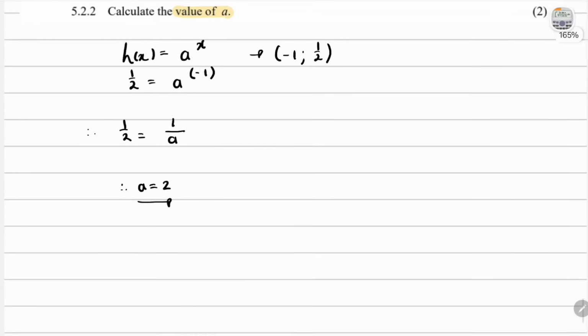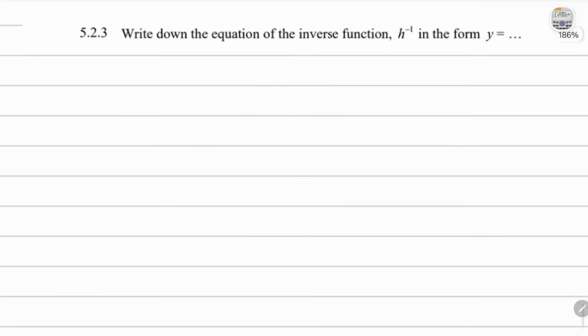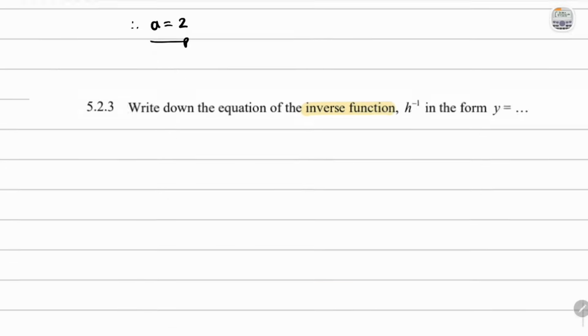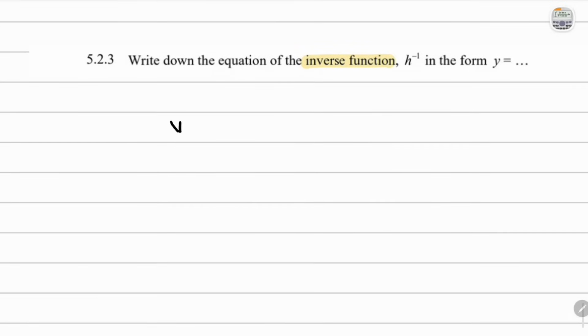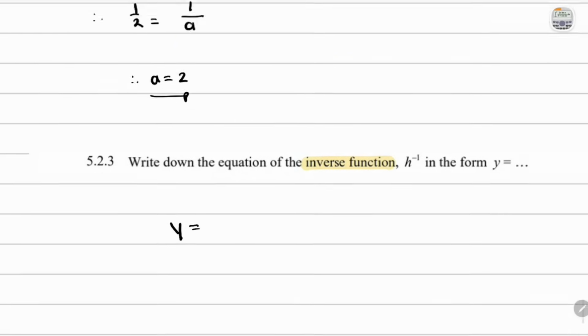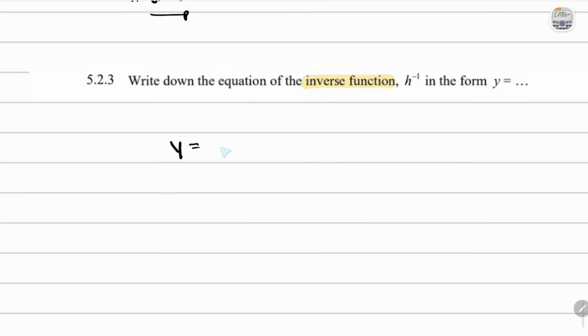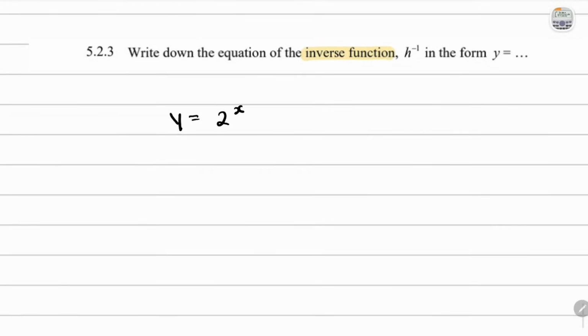Moving on to the next question. Question 5.2.3 says, write down the equation of the inverse function in the form of y is equal to. So we can update our equation. h of x now looks like this. y equals, and we'll just write it in terms of y already. It is 2 raised to the power of x. So to find the inverse function, first step is we switch x and y.